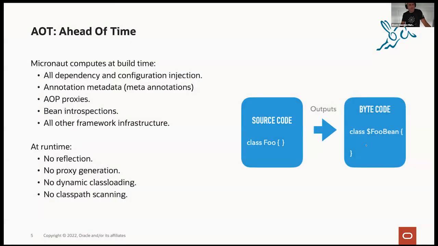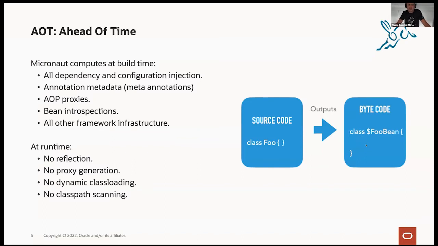And the way we do that is using something called AOT, ahead of time. The idea is that we use a Java facility called annotation processor tool, APT. With APT, we generate at build time all what the framework needs.